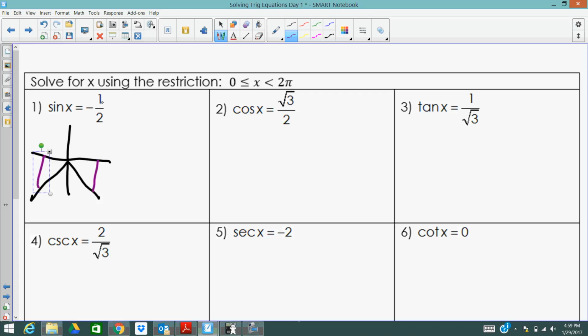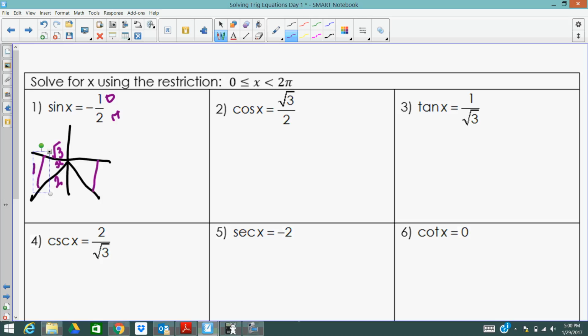Sine is opposite over hypotenuse. So we have opposite is 1, hypotenuse is 2, which means this is our 30, 60, 90 right triangle, with theta being 30 degrees. Again, it goes back to that triangle, just looking at the triangle and figuring it out.